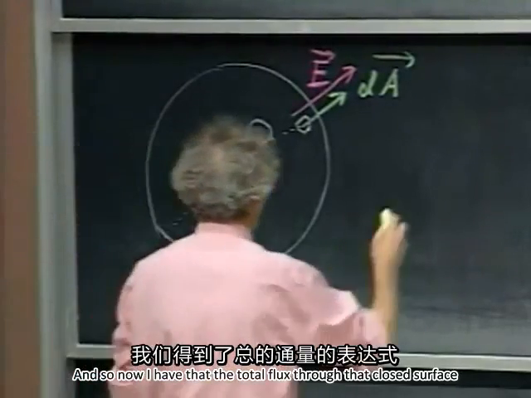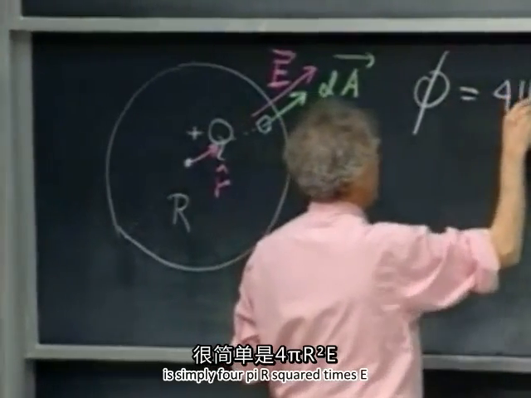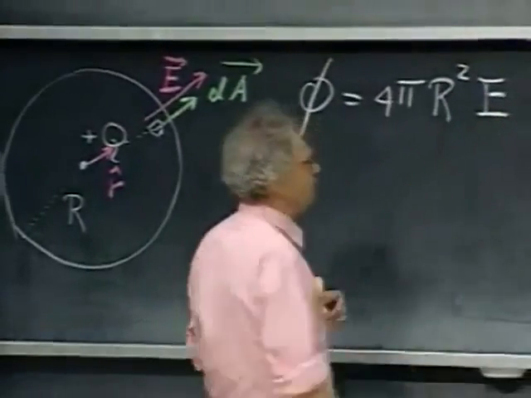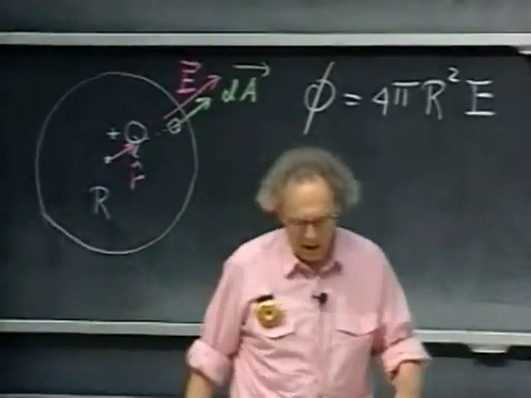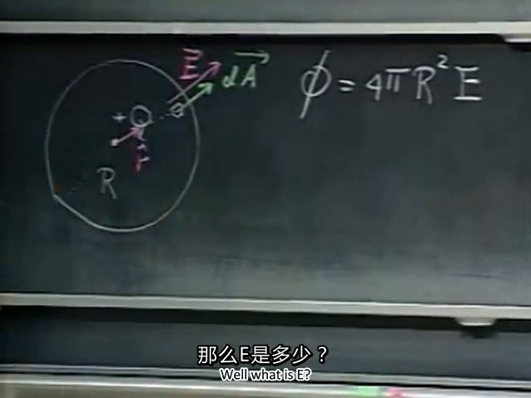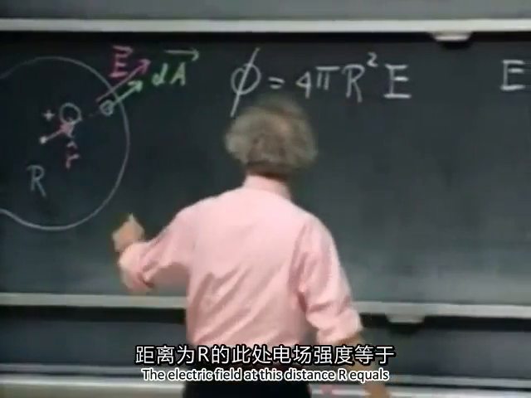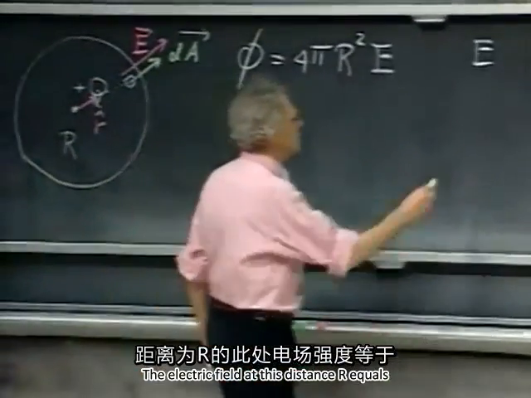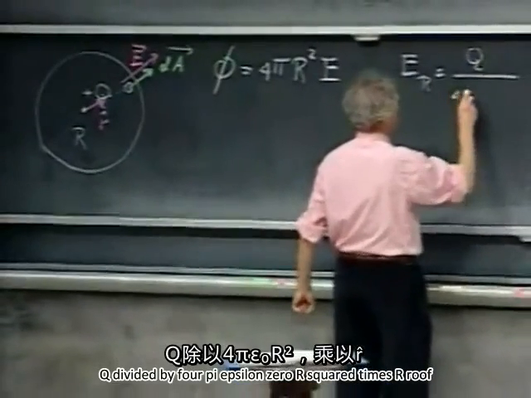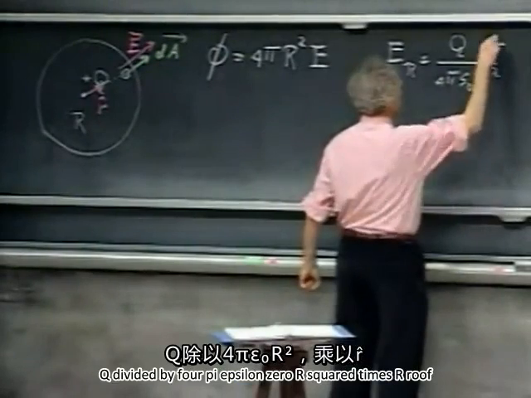And so now I have that the total flux through that closed surface is simply 4 pi r squared times E. Well, what is E? The electric field at this distance r equals Q divided by 4 pi epsilon 0 r squared times r roof.